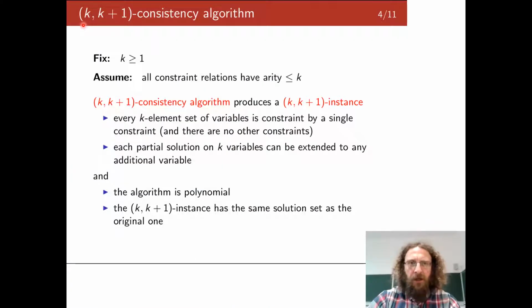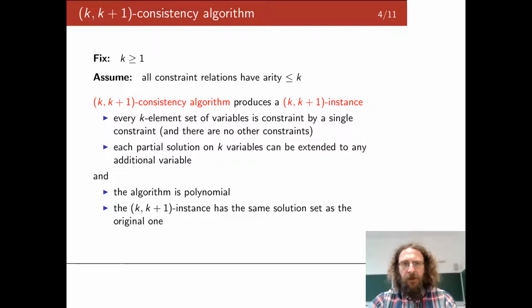Now about the k+1 consistency algorithm in more detail. So let's fix some k, and for simplicity we assume that all the constraint relations have arity at most k. Actually, I will not describe any algorithm, I will rather say what we want to achieve. So a k+1 consistency algorithm produces a so-called k+1 instance that satisfies two properties.